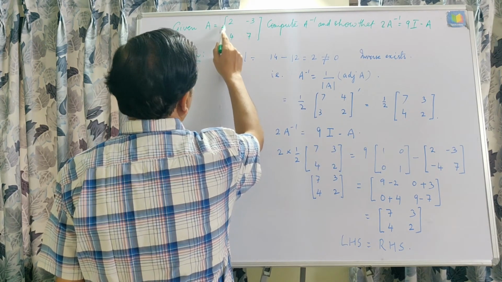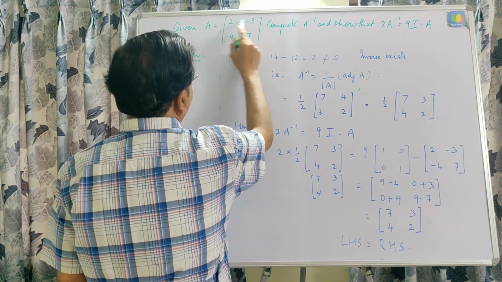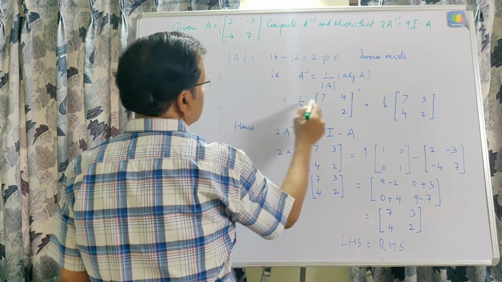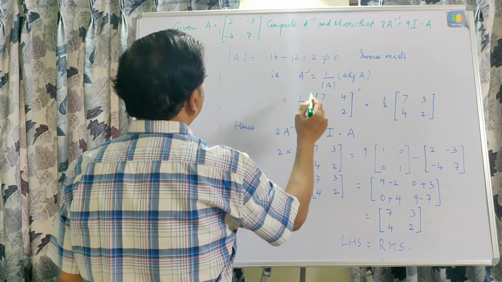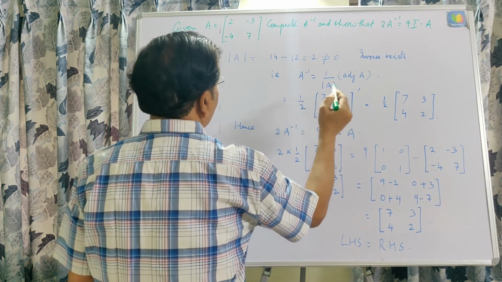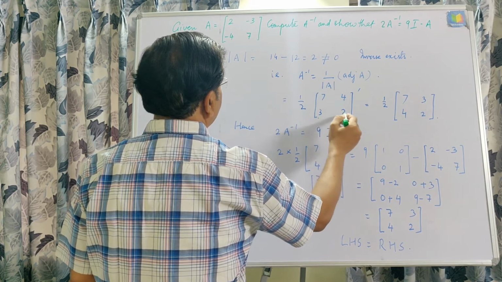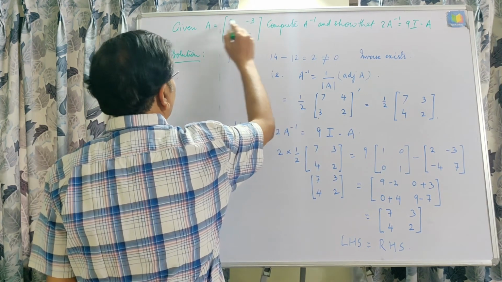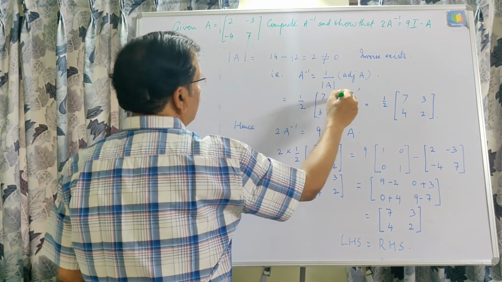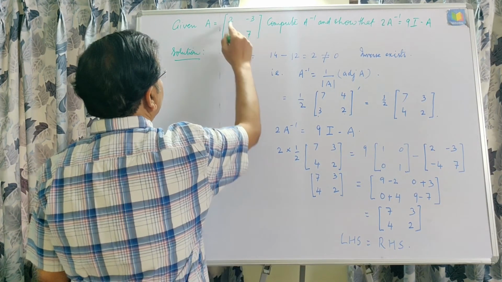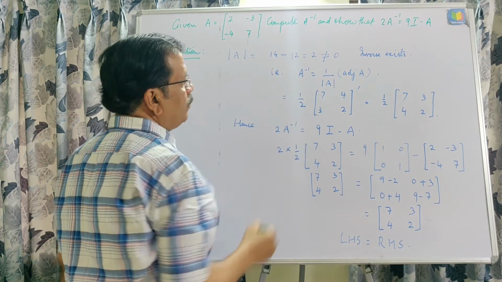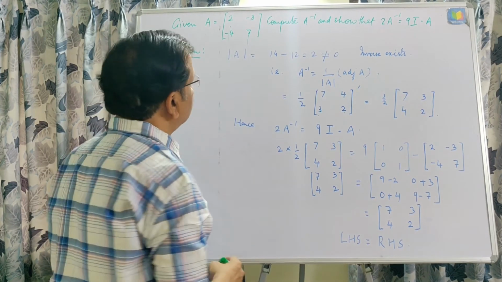So A inverse is equal to 1 upon determinant of A into adjoint of A. Adjoint of A means: the value in the first row first column will be (-1) to the power 1+1, which is positive, and in the same way this value will be 4, this value will be 3, and this value will be 2. The first row second column will be negative multiplied by negative, that is positive, and the second row first column again negative multiplied by negative, that is positive.